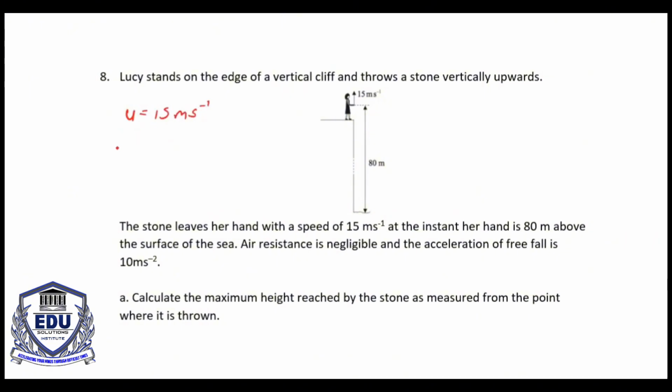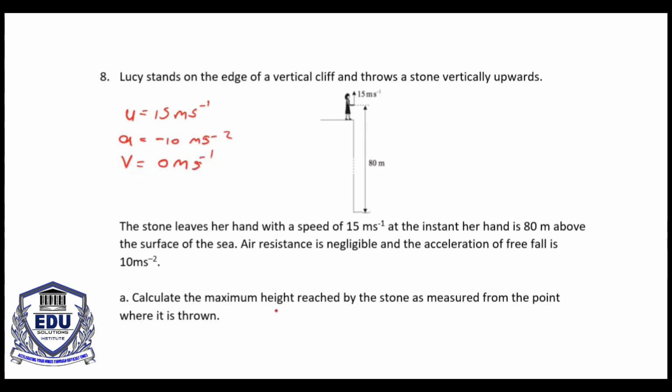That's u, right? We're also given that a, it's accelerating, it's going up, so therefore it's slowing down. So we're going to use a negative meters per second squared to indicate that it is decelerating, right? We also know that when it reaches maximum height, its velocity would be 0 meters per second.